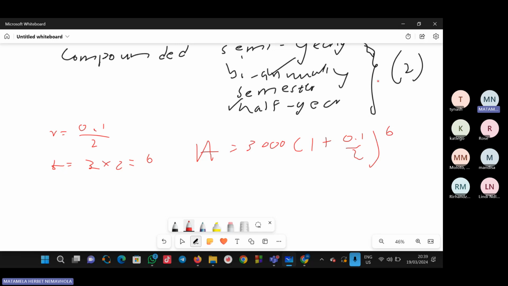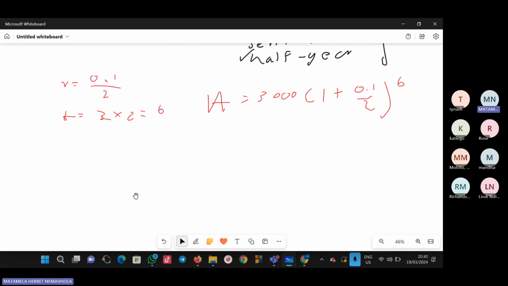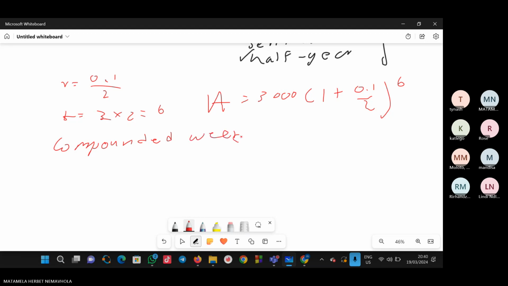Sometimes they can say, for example, compounded weekly. If they say compounded weekly, you must calculate how many weeks there are in a year.